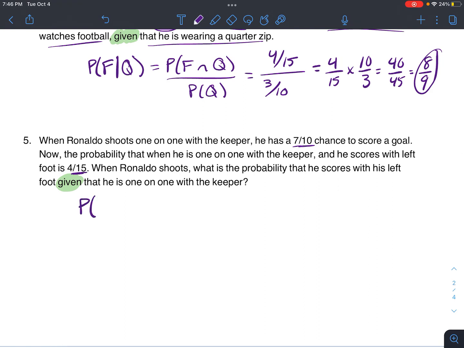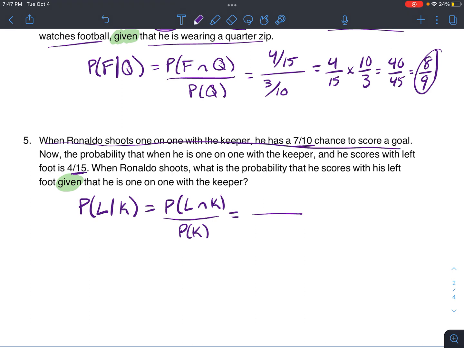So we want the probability that he scores with his left foot given he's one-on-one with the keeper. So that's the probability of the left and the keeper, over the probability of being one-on-one with the keeper and scoring.